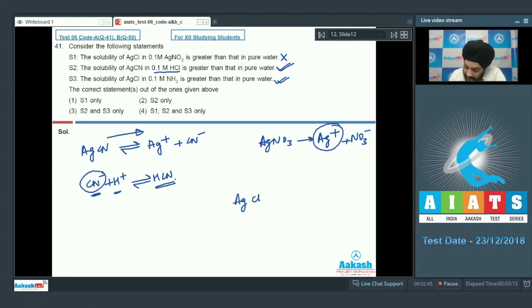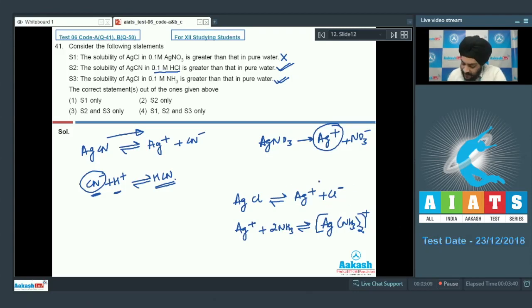So AgCl will first dissociate into Ag plus and Cl minus ions, and the Ag plus ions thus formed will react with ammonia to form the diammine silver complex, Ag(NH3)2 positive.